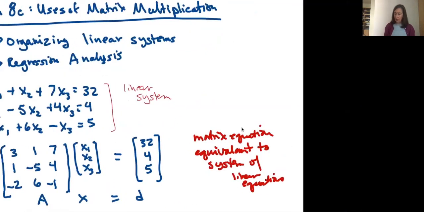So for us, what we care about, the linear systems we're most interested in, are our data sets. Okay? So I want to do a somewhat longer example of regression analysis.